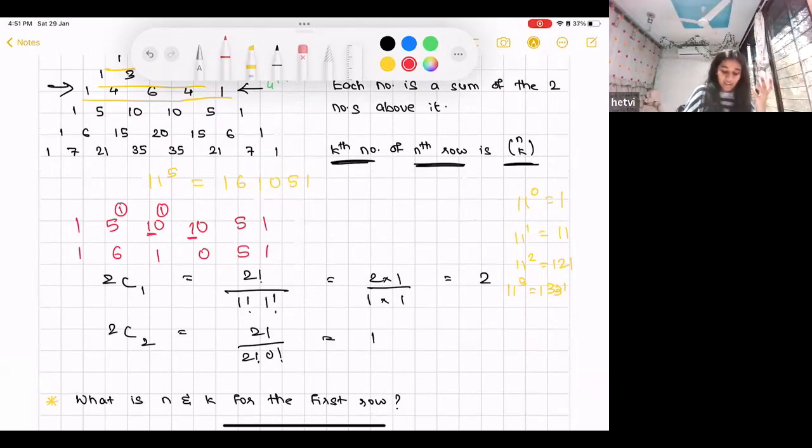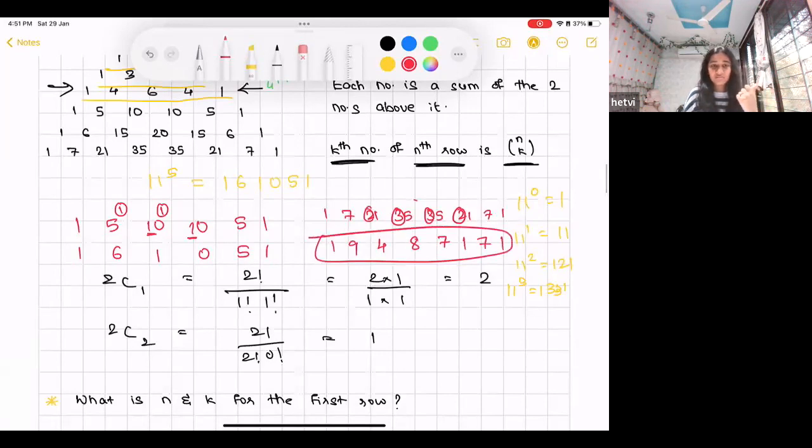So for the power 7, I have 1, 7, 21, 35, 35, 21, 7, 1. So I write 1, 7, 1. This 2 goes as a carryover. So again, 7. 3 is a carryover. So 8. 3 carryover. So 4. 2 carryover. So 9, 1. So this is 11 power 7.